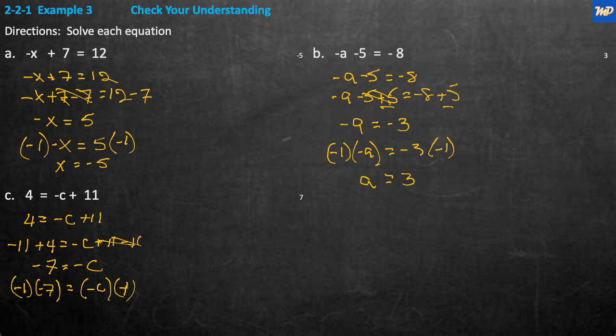Let me clean that up. Better? Yes, I think so. So now the negatives disappear with the negative 7, so it becomes 7 equals, and the negative 1 times the negative C gives us a positive C. So C is 7. Okay, good job.